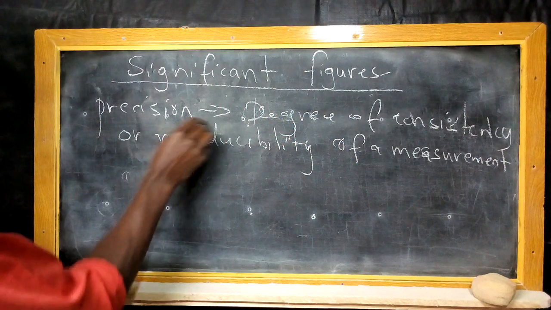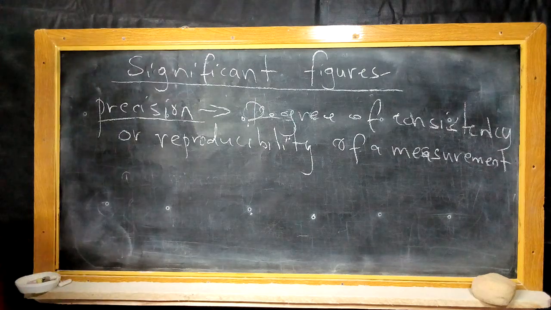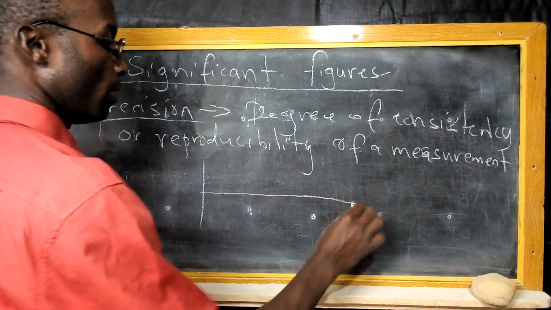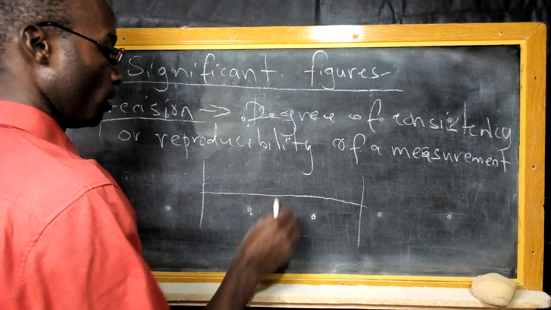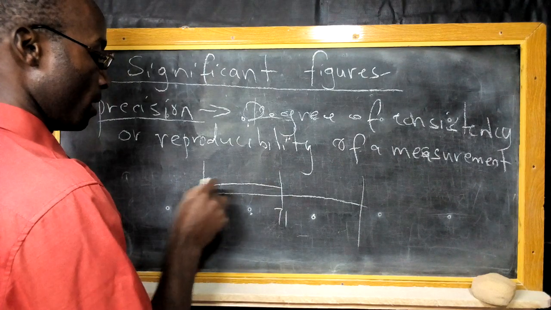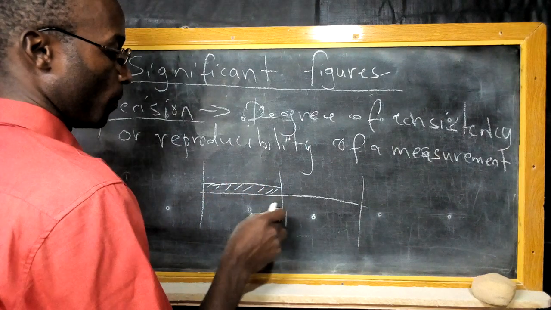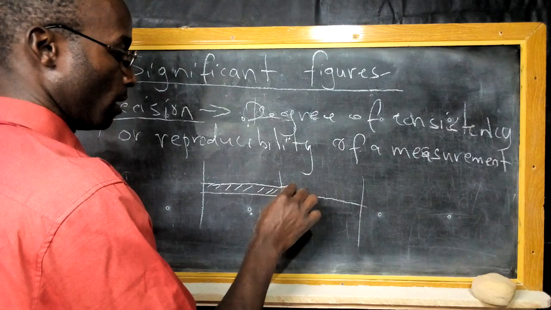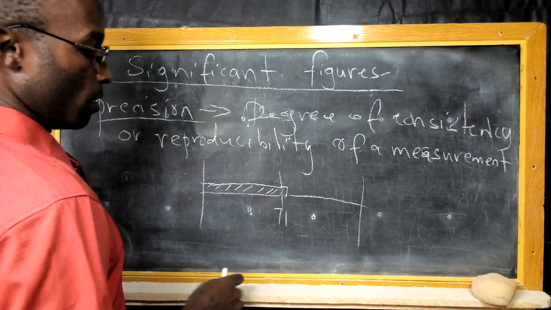So if we are talking about precision, suppose I take a measurement of a bar, and it coincides with the 71 centimeter mark, or 71 and a slight measurement ahead of that.